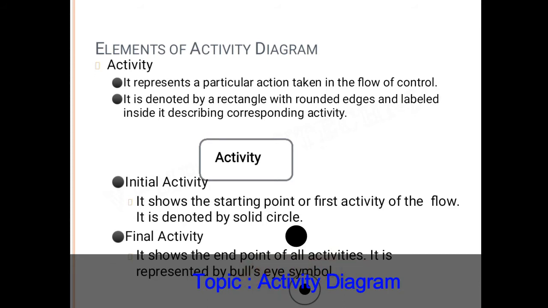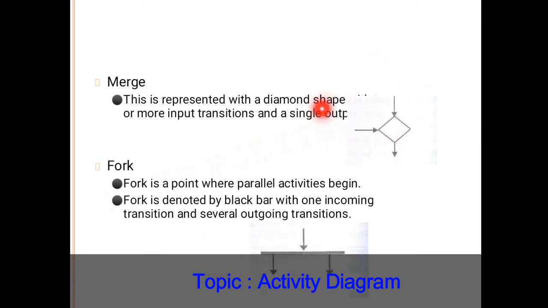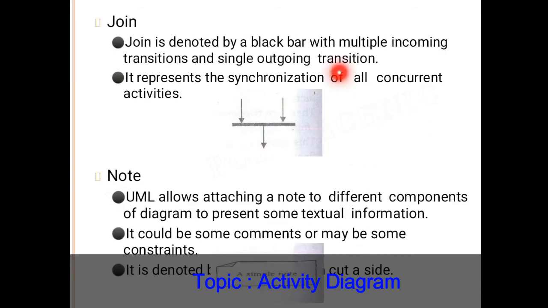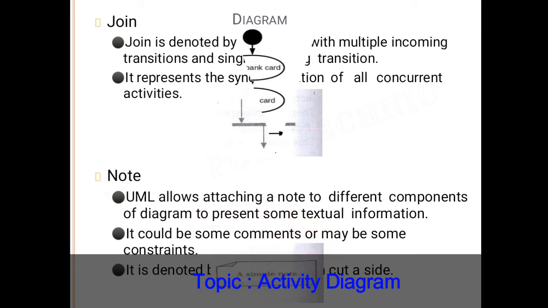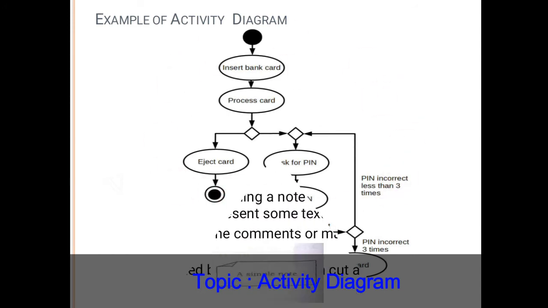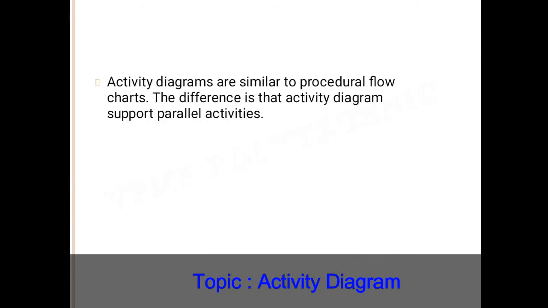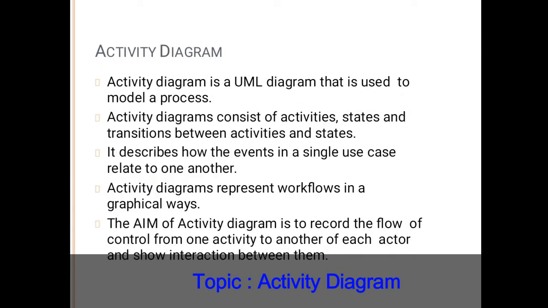Among the symbols used in an activity diagram, this one is flow, this symbol is used for decision, this symbol is used for merge, this symbol is used for fork, this symbol is used for join, and this symbol is used for any note about the system. And here is our activity diagram example. Now let's go through the description of all these symbols.